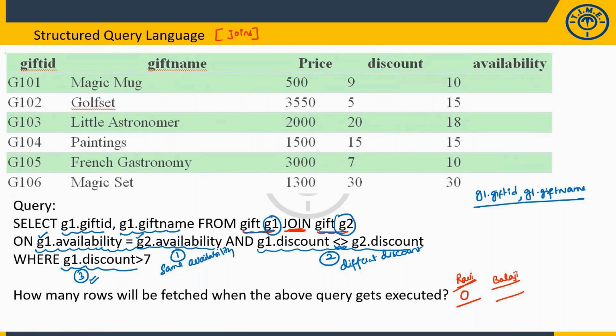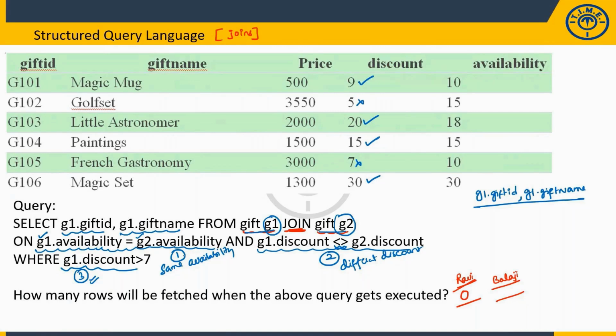First, I feel comfortable with the third condition, G1.discount greater than 7. Discount greater than 7 is true, false, true, true, false, true. So two rows are eliminated simply. Among the four, we have to check the first and second conditions.